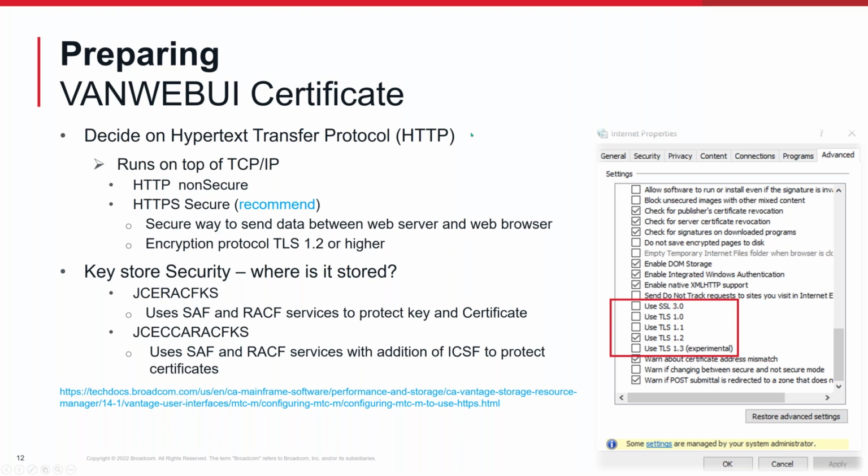The certificate. Now, if you're going to use HTTPS, which is the recommended way, it's the secure connection between sending data between your web browser and the web server, you need to have your security person create the certificate and then assign it to the proper security ID, which would be the SAMS one, whatever SAMS is using.